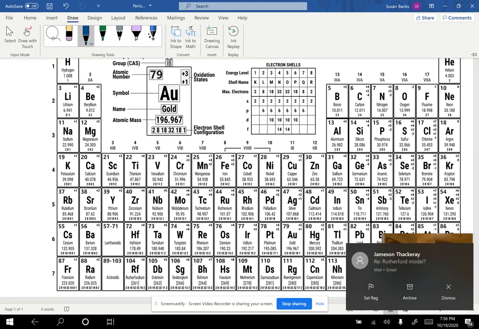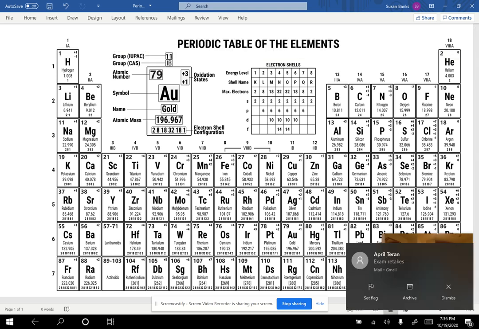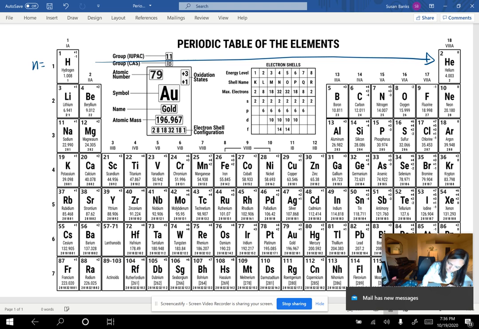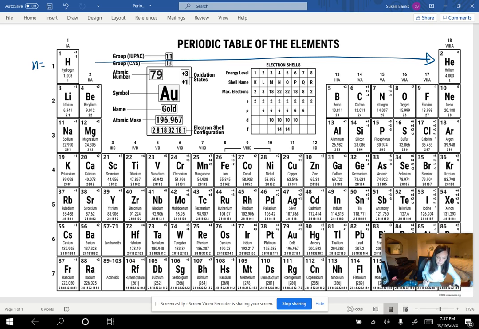So if I look at this, n equals 1 is going to be this row right here. So it consists of just 2 elements. N equals 2 is going to be this row right here. So it consists of 8 elements.